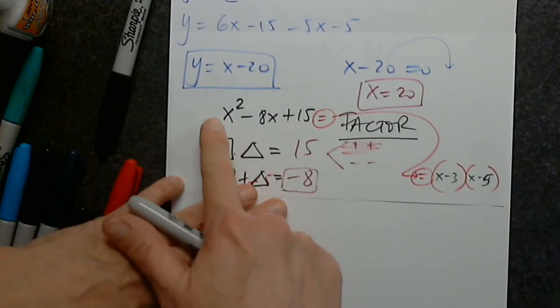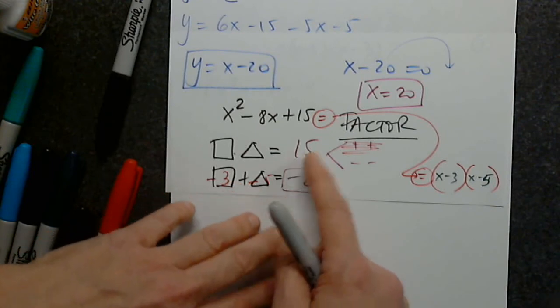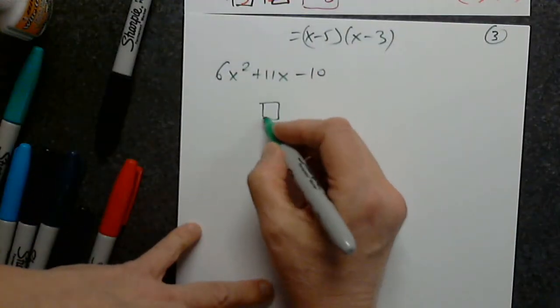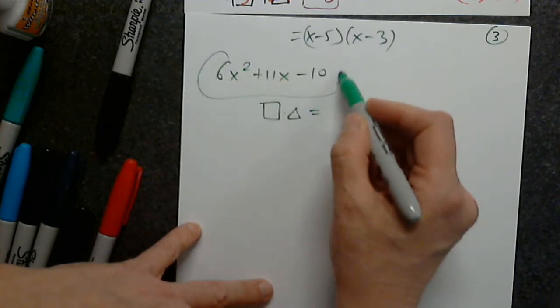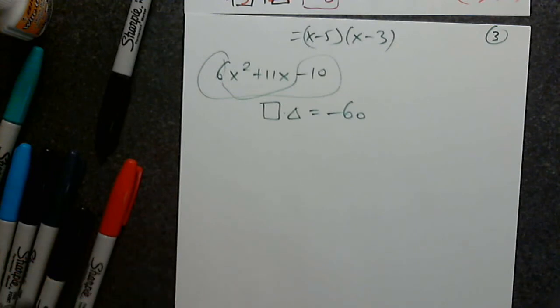Well, the product is basically 1 times 15. But 1 times 15 is still 15. That's the only difference. So now this time the product is 6 times negative 10, which makes it negative 60. So at any point in time, the leading coefficient has to be taken into account. When the leading coefficient is 1, there's nothing to say about it.